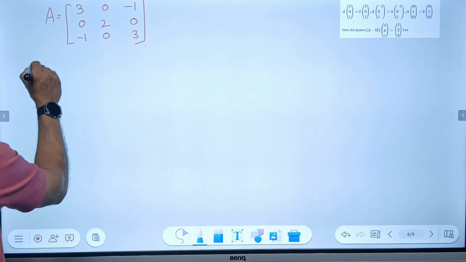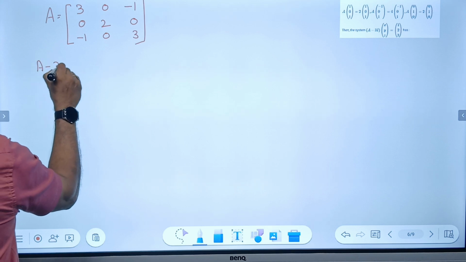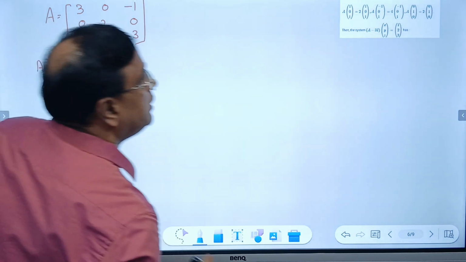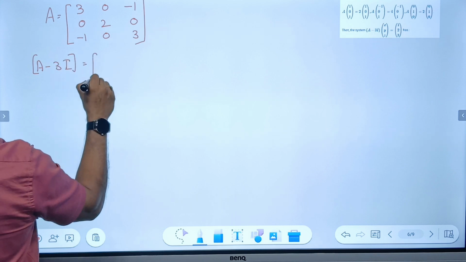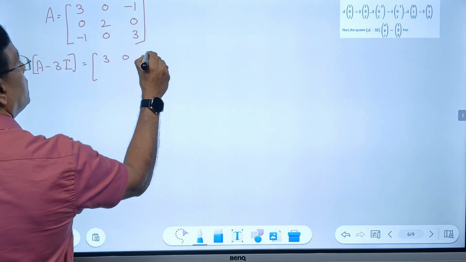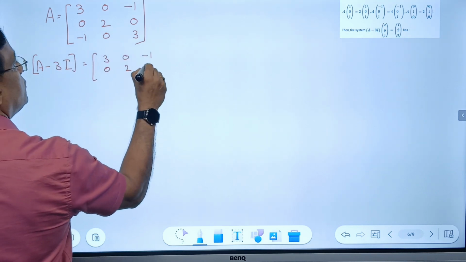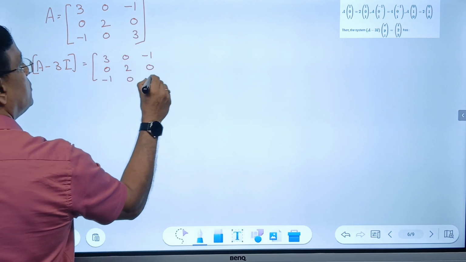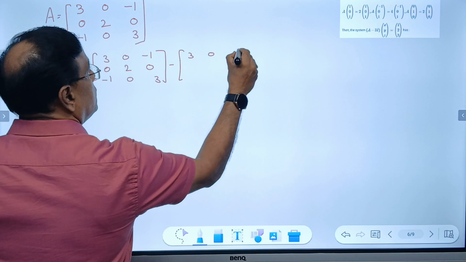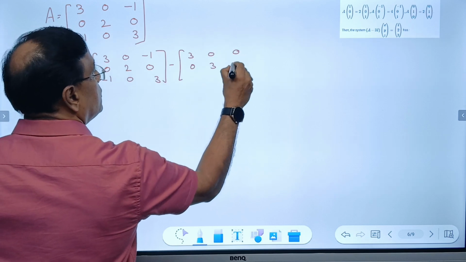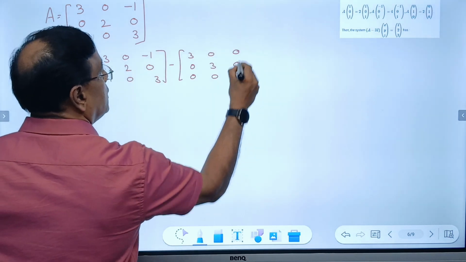Now I want to find A minus 3I. What is that? 3, 0, minus 1, 0, 2, 0, minus 1, 0, 3, minus 3I, which is 3, 0, 0, 0, 3, 0, 0, 0, 3.